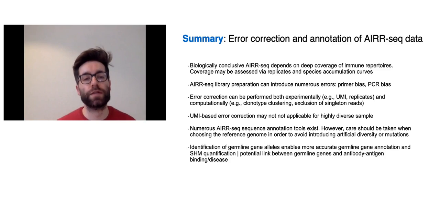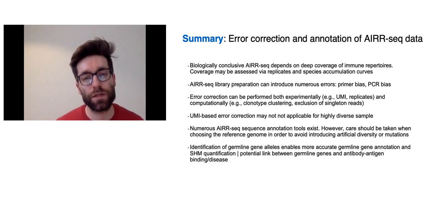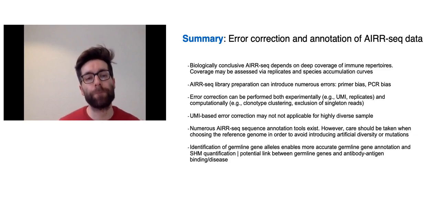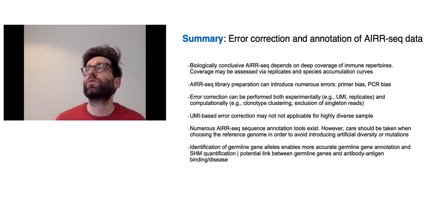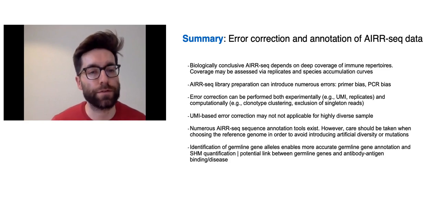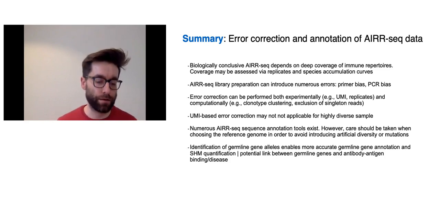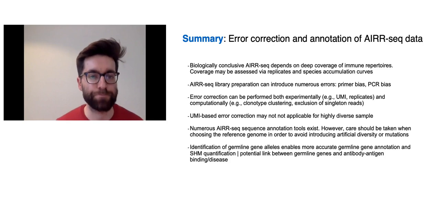I would also like to say that computational error correction is possible using the MiXCR annotation suite, for example. It would be very interesting. I think I haven't seen a report where they looked at MiXCR error correction and UMI error correction. I would like to see how good they are in conjunction or separately.